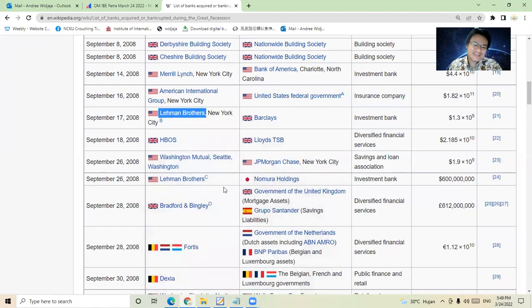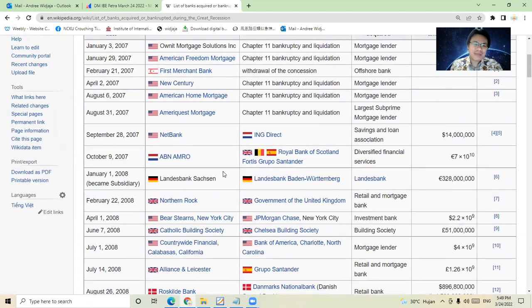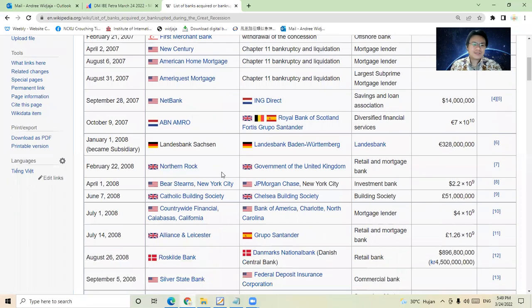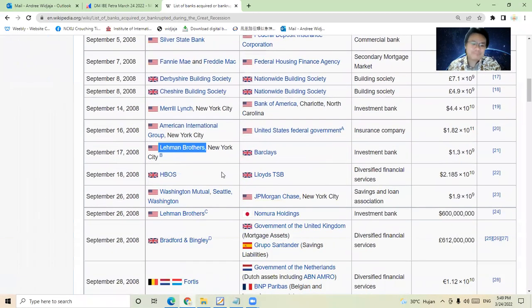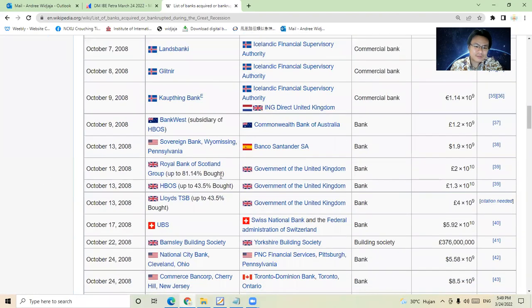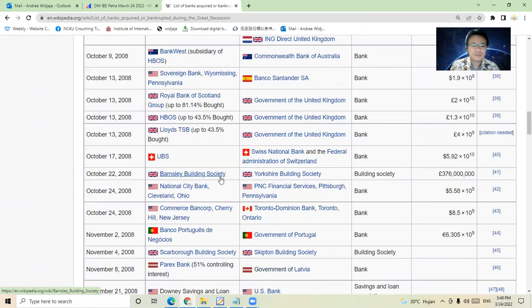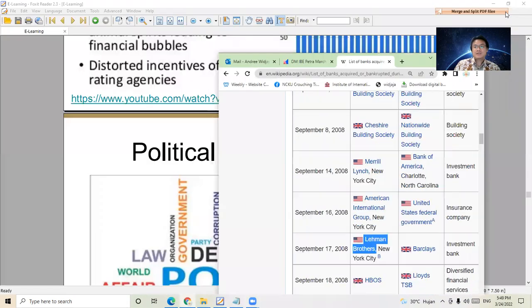Lehman Brothers was considered one of the biggest investment banks in US history, and surprisingly, it went bankrupt because of that Great Recession in 2008, 2009.